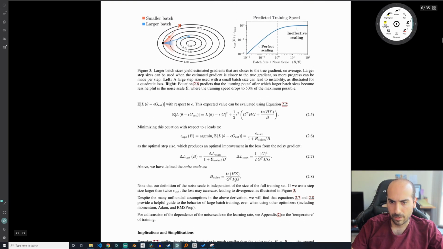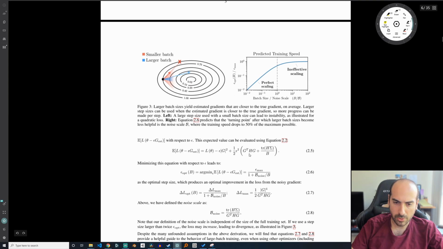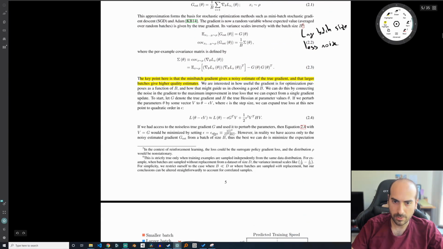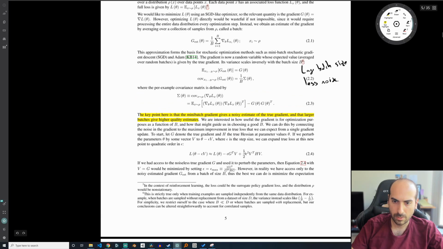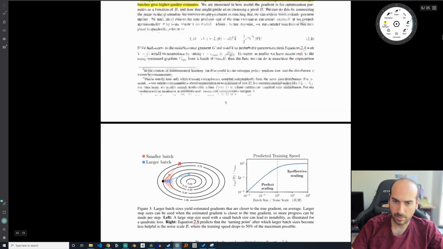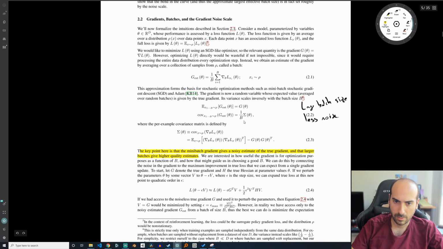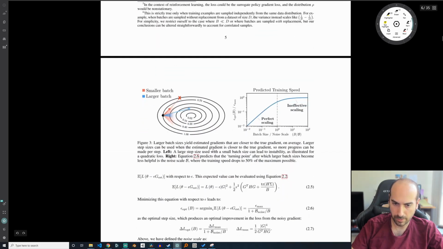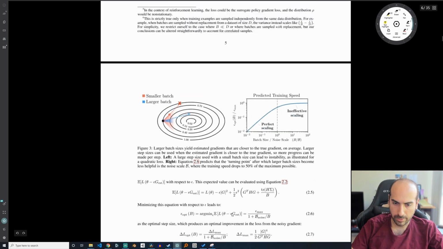Let's just make sure we understand this expression. So what's H again? Let G denote the true gradient and H the true Hessian at parameter values theta. Okay, great. So this is like the second order variations, and then sigma is the per example covariance matrix. And then what's G?